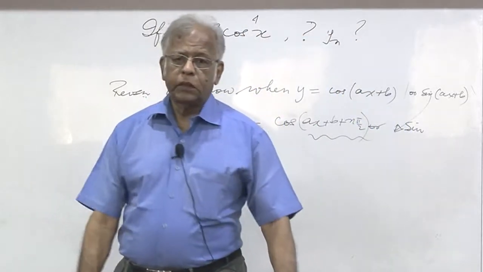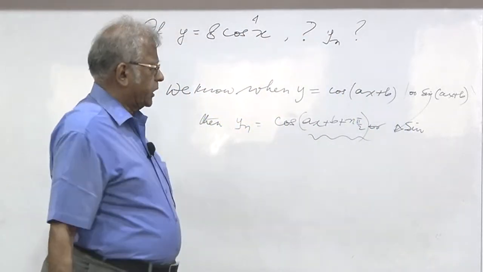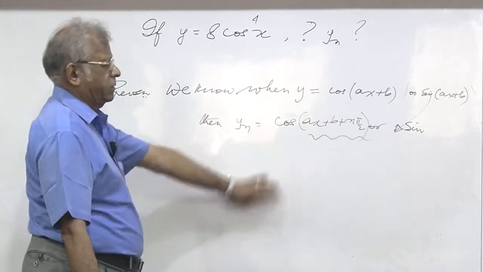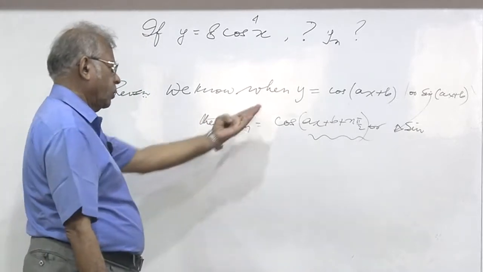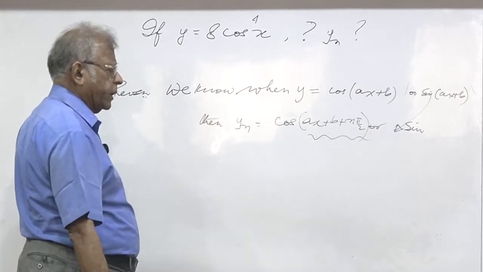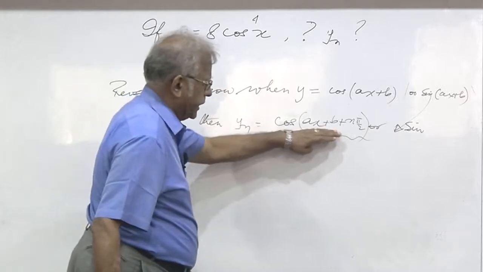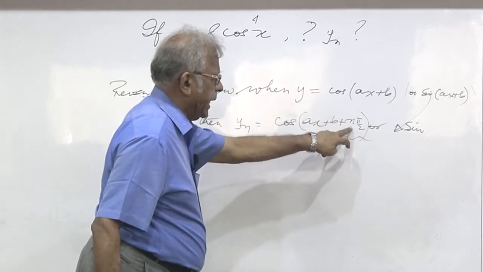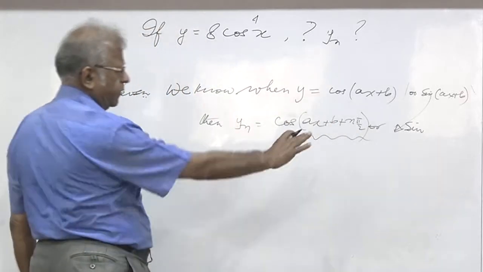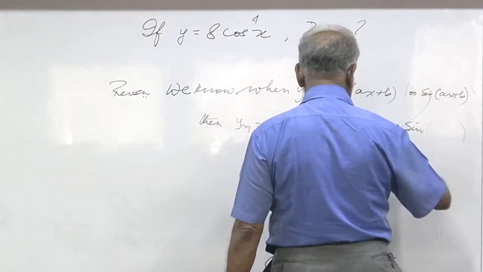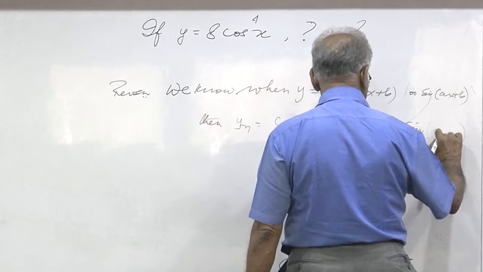This we have done in the very first lecture that we did on successive differentiation. So in this particular problem we will need this. So these are also very, very simple to remember. The nth derivative is the same argument, cos ax plus b, but increased by n pi by 2. Similarly for sine it is the same expression inside.